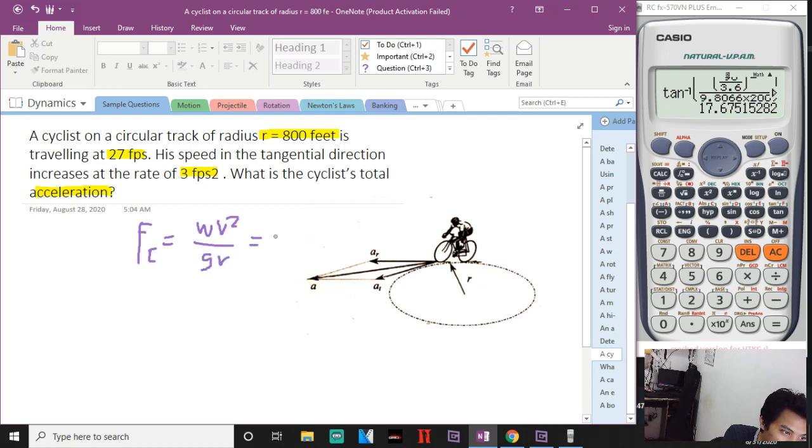Tandaan mo, yung force naman kasi is mass times acceleration. Ito yun. Yun, yung nasa gitna. The resultant between your aR and then aT. Yung aR mo is the radial, always perpendicular. aT is tangential. aR naman is the centripetal.